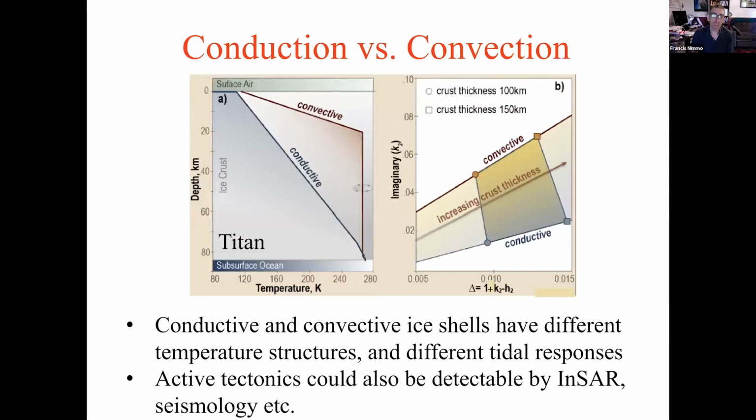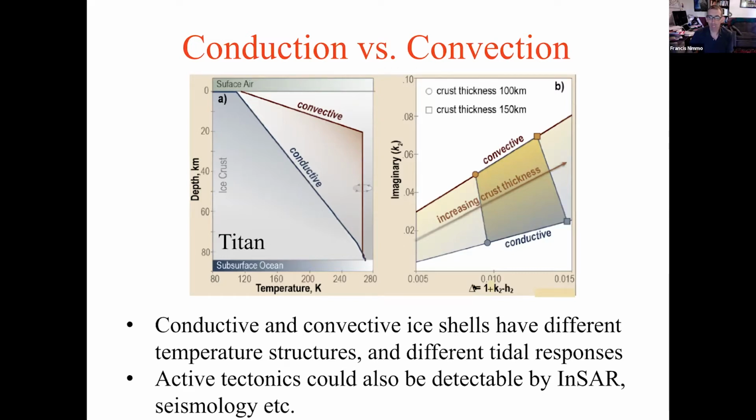So for conduction versus convection, the main difference is that the temperature structure is different. This is a plot of temperature versus depth. If you have a conductive shell, the temperature just increases steadily. Whereas if you have a convective shell, you have a cold lid, but then a warm interior. And the point is that these two structures will give you different tidal responses.